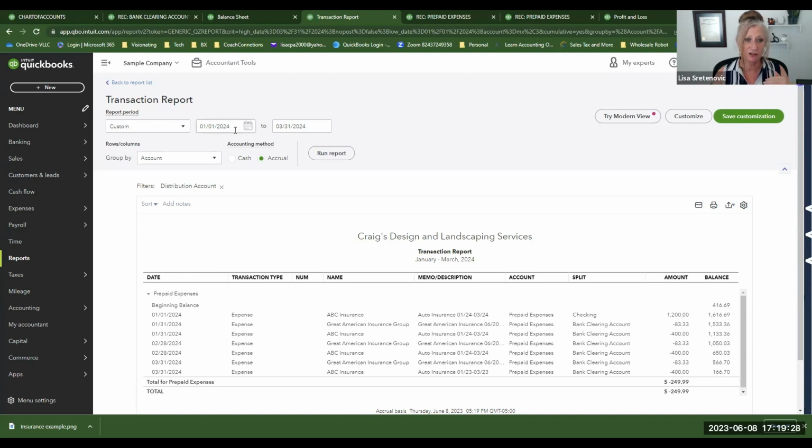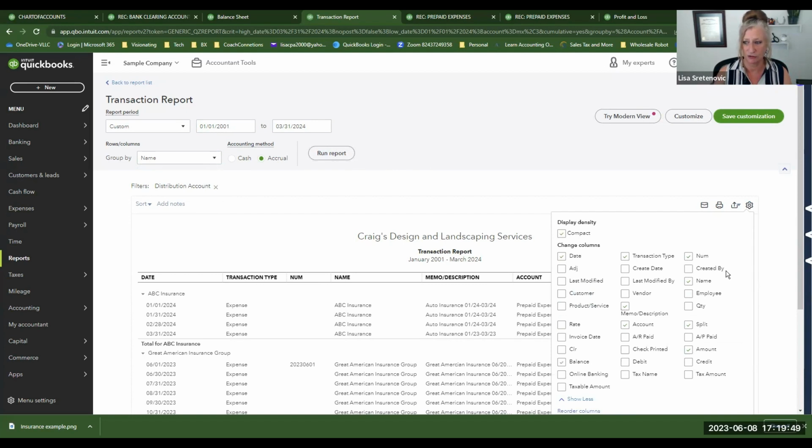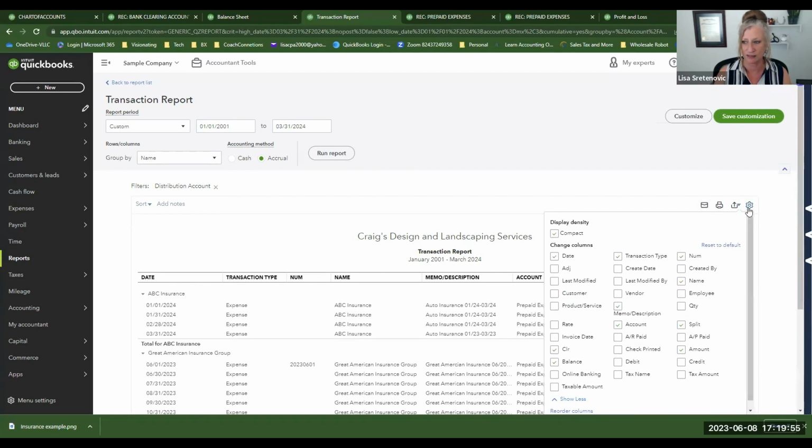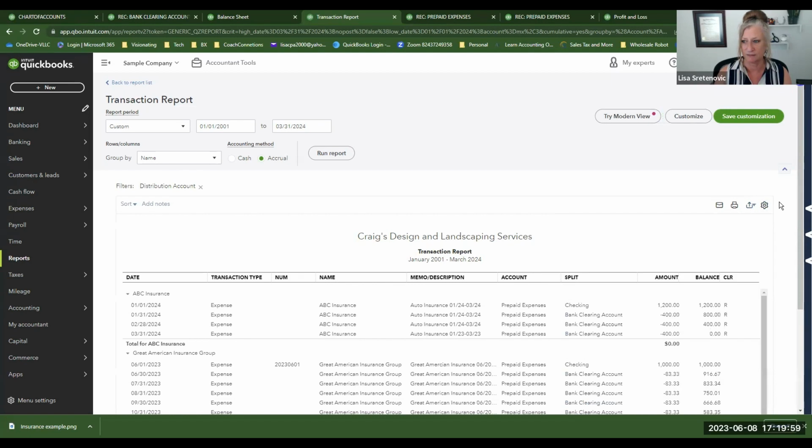Once we drill down to the transaction report, let's go ahead and change it from the beginning of time through the period that we are closing. We're going to, again, group it by name and run the report using the little cog, the cleared amount, whether it's cleared or not. So we're going to add another column.